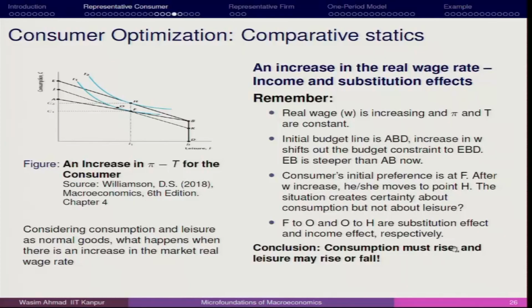One thing is sure: consumption will increase. So, the overall conclusion is that consumption will rise as a result of the increase in wage rate, and leisure may rise or fall depending upon the preference of the representative consumer.